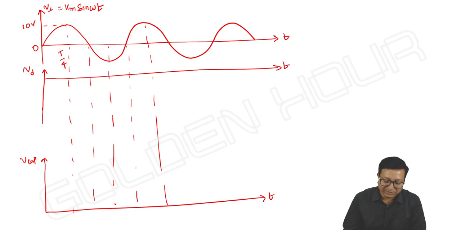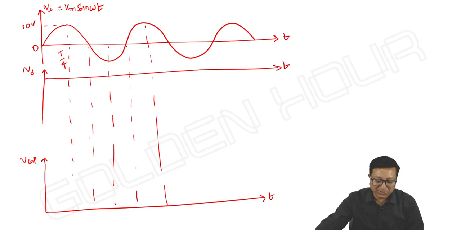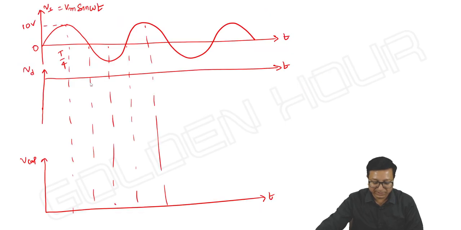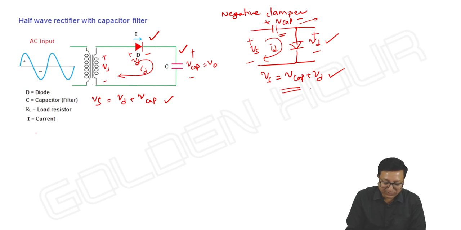Okay, right. So here 0 to T by 4, what happens? Initially what I can take is 0 less than T less than T by 4, or before T is equal to 0. You can even write it. We have studied it.